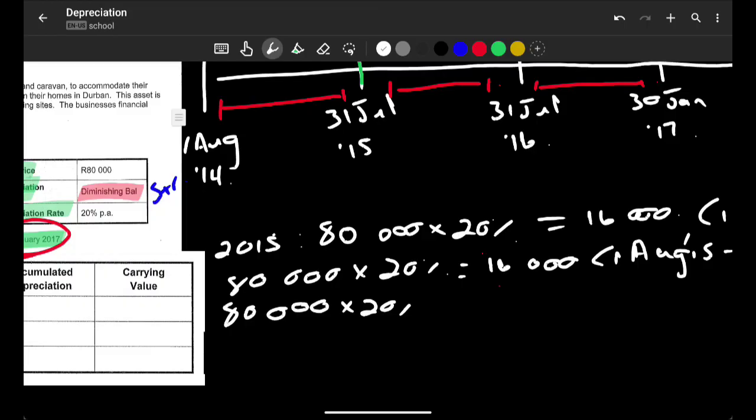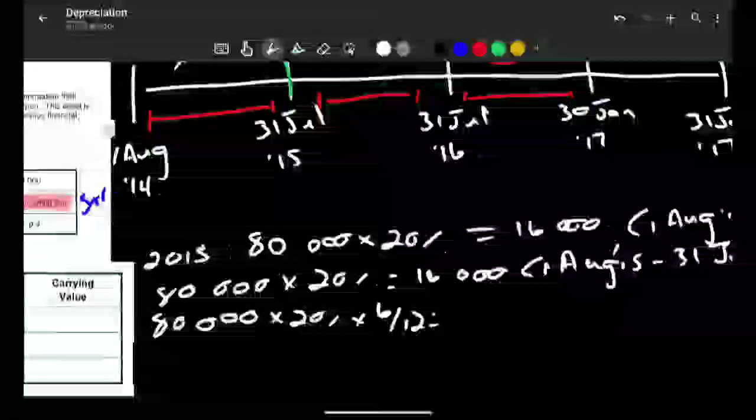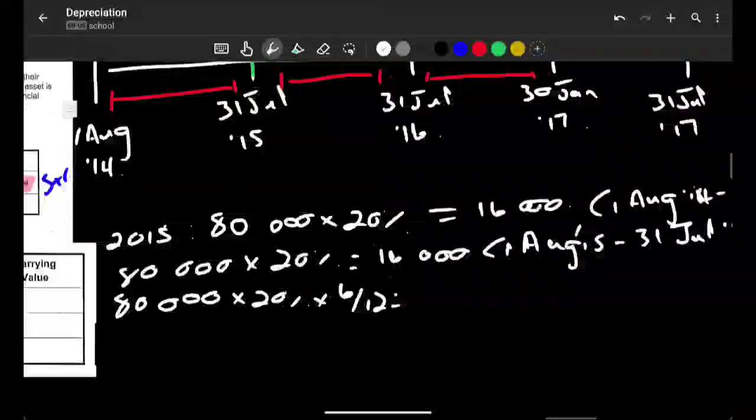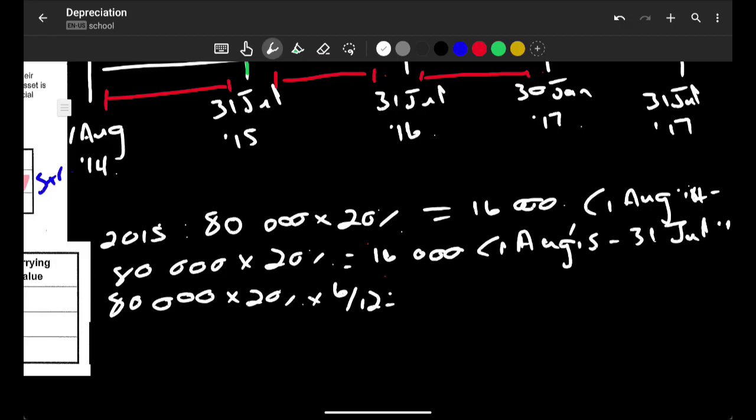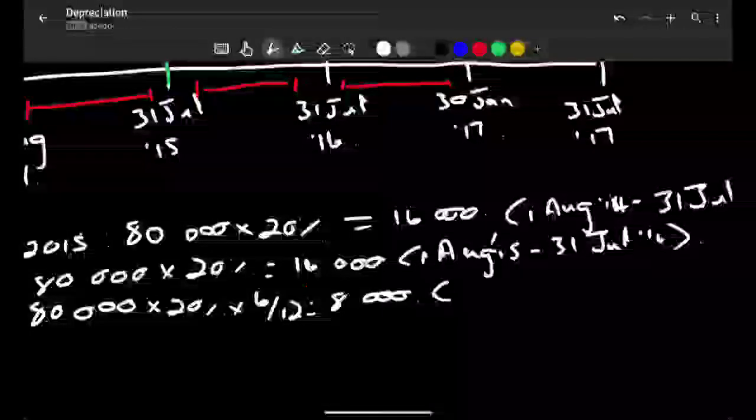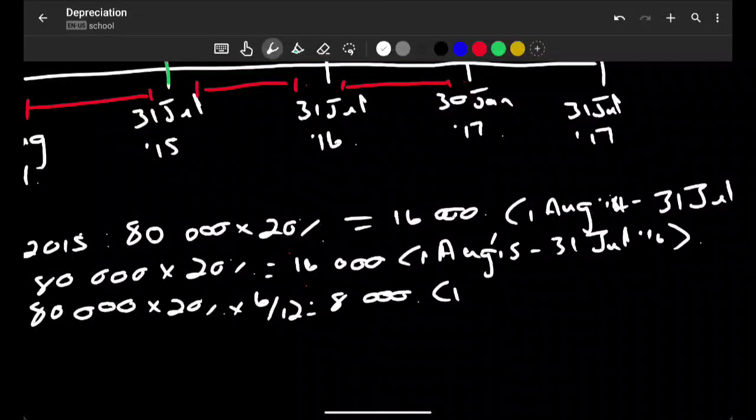So it would be the same formula, the actual calculation multiplied by 6 over 12, and that would give us 8,000, right? 8,000, and this is from the period of 1 August 2016 to 30 Jan 2017, right?